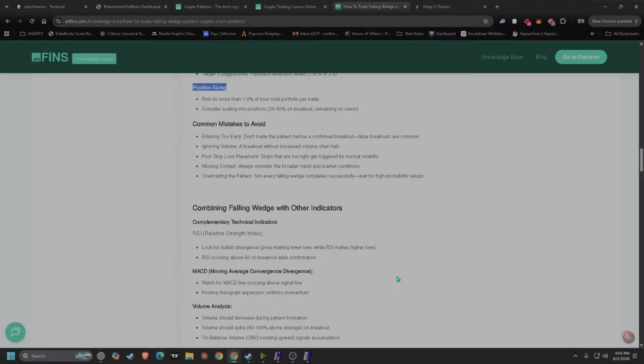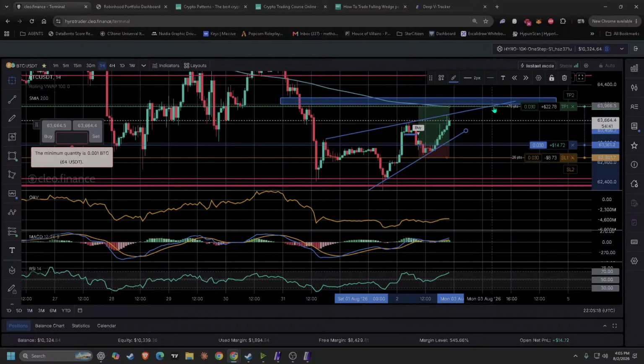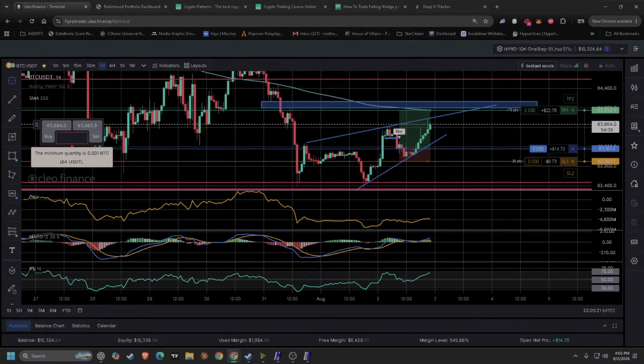Look for bullish divergence, price making lower lows while RSI is making higher lows. RSI crossing above 50 on breakout adds confirmation. MACD, all that stuff, volume profile, on balance volume, since I'm using this, trending upwards signals accumulation. So that's what we see, and that's why I like it. I can just use it to learn while I watch the markets.